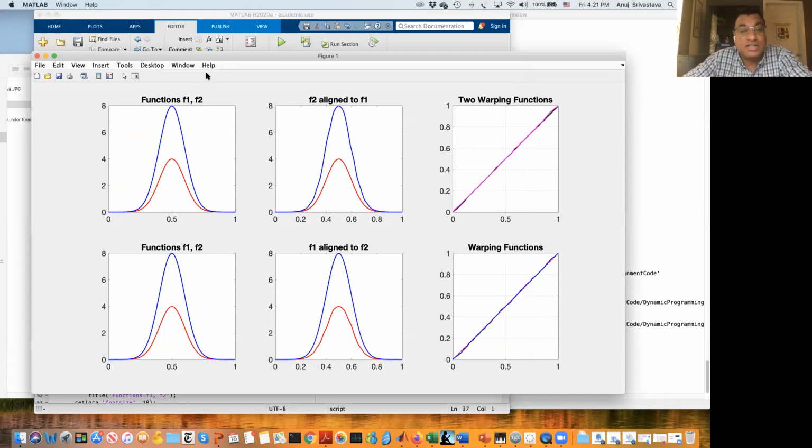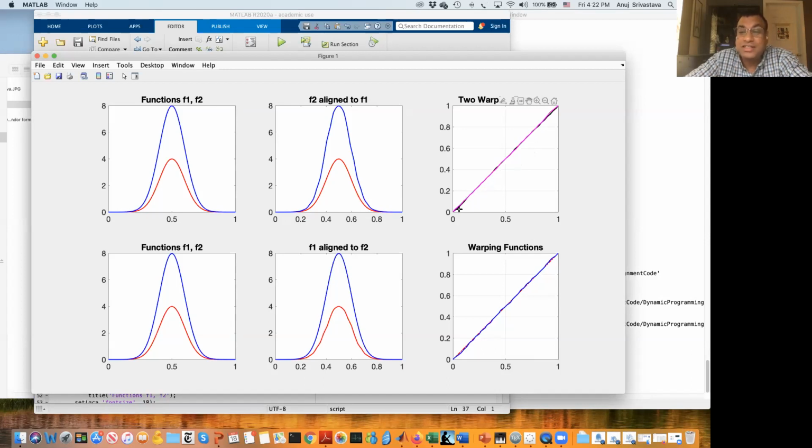Now let's look at the results. Because F1 and F2 were originally well aligned, nothing happens. F2 remains more or less the same. You can see there is a slight numerical error because we are calculating the gamma function on a discretized grid. In dynamic programming, one uses a grid, and because of this grid there are some little bumps.